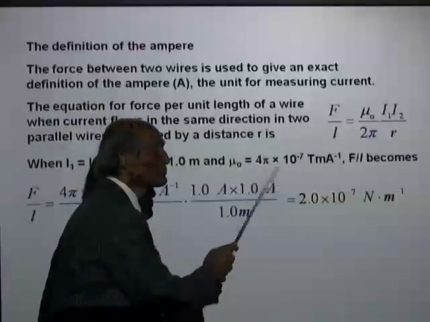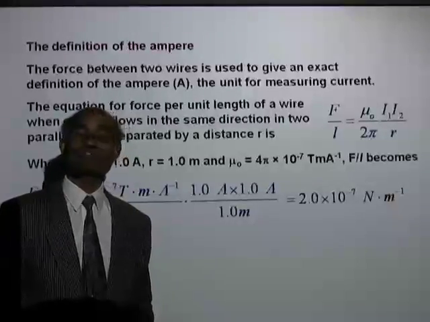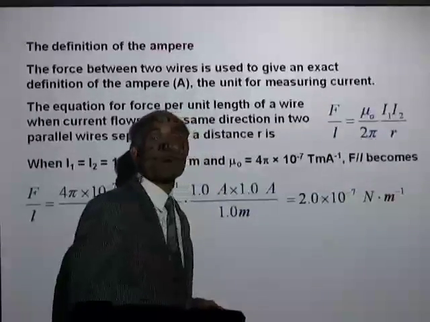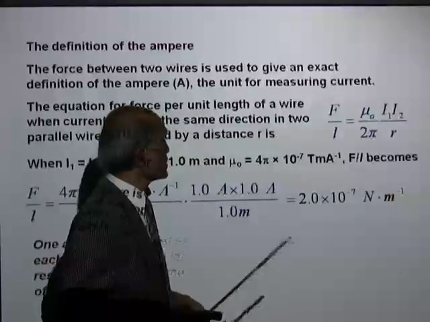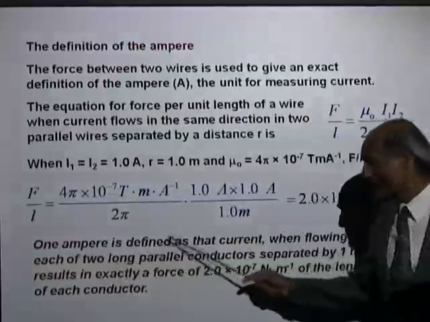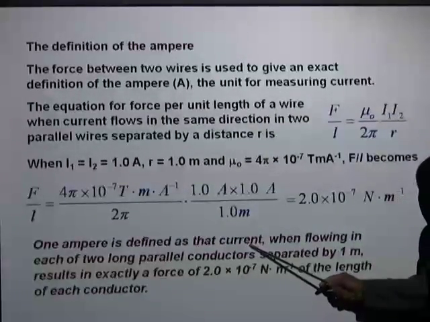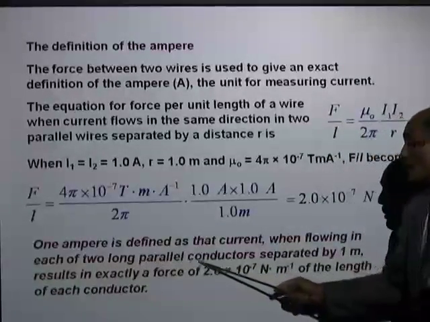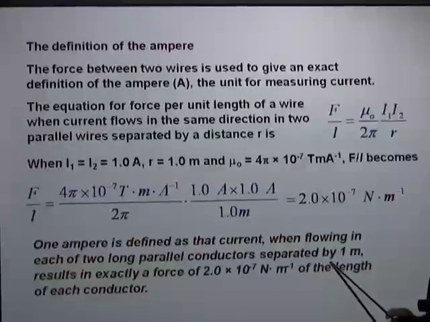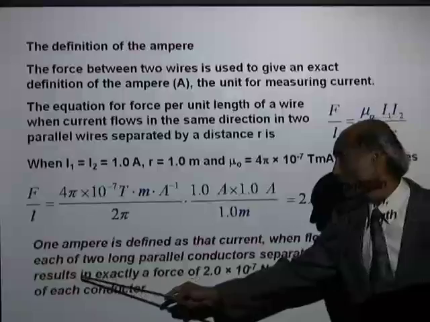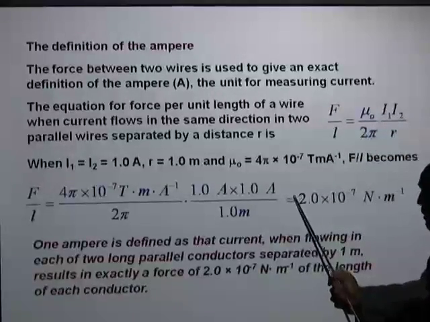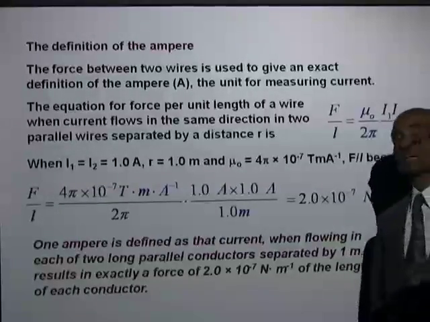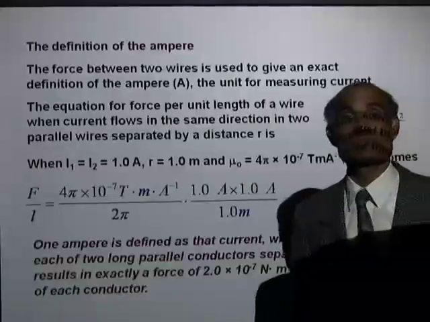Alright, can you now use this to define the ampere? What is the definition of ampere? We said if I1 equal to I2 equal to 1 ampere. So 1 ampere is defined as that current when flowing in each of two long parallel conductors separated by a distance 1 meter results in exactly a force of 2 times 10 to the negative 7 Newton per meter of length of each conductor.